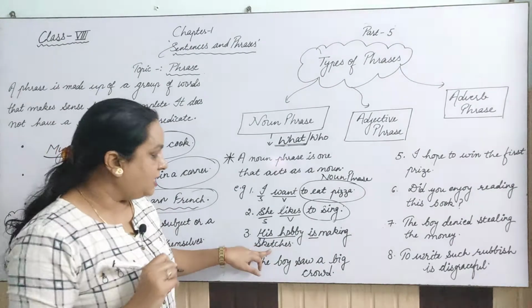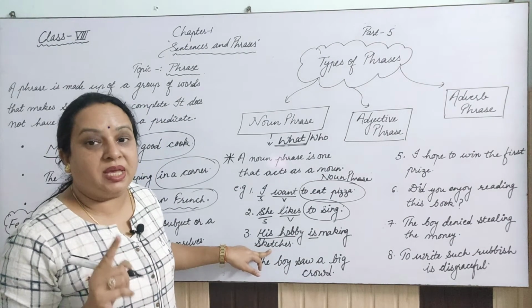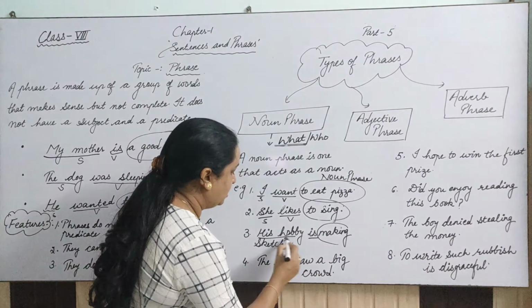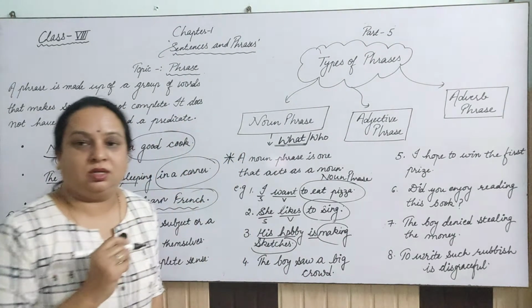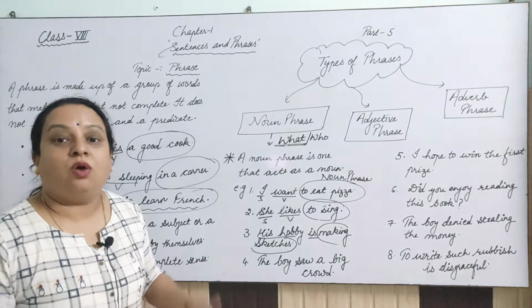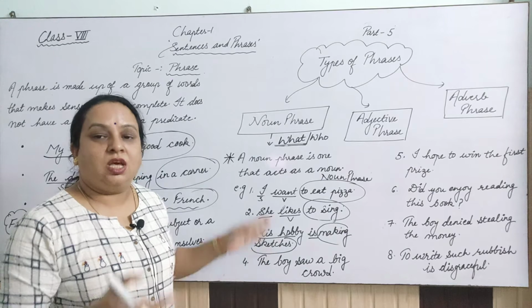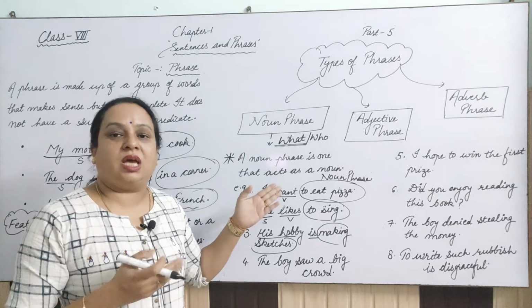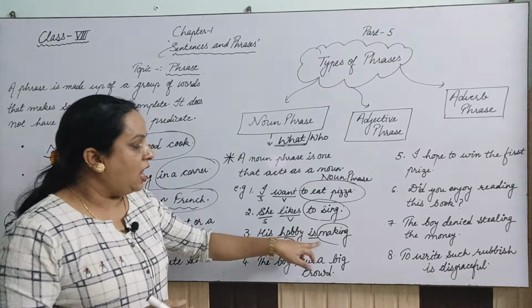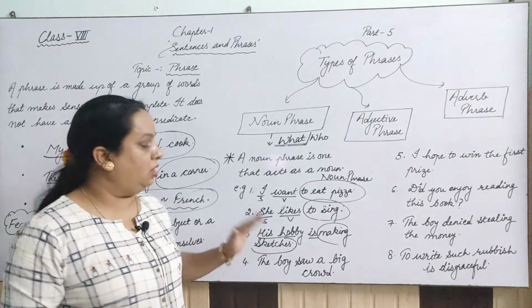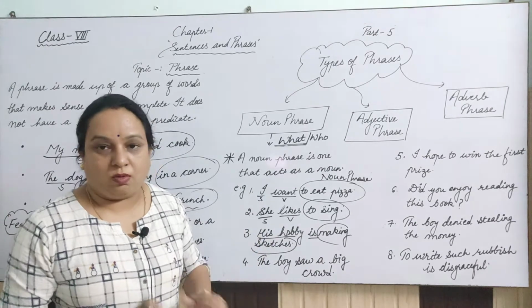Now making sketches is left here. So making sketches is a noun phrase. What is his hobby? His hobby is making sketches. So a noun phrase is used as a noun in a sentence, and it answers the question what, with the help of the subject and the verb.